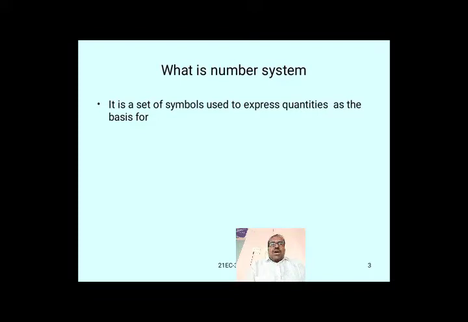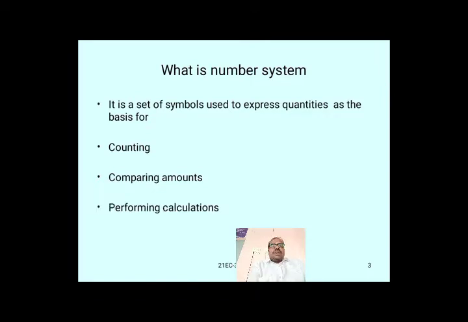It is a set of symbols used to express quantities. These are the different types of symbols to express quantities as the basis for counting, comparing amounts, performing calculations, representing values.